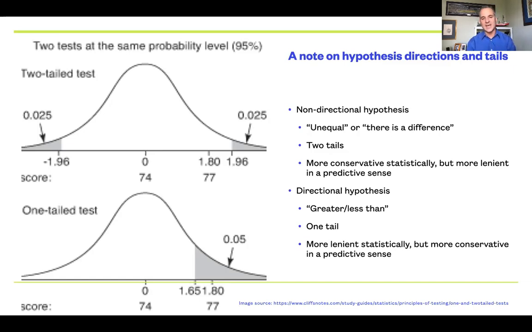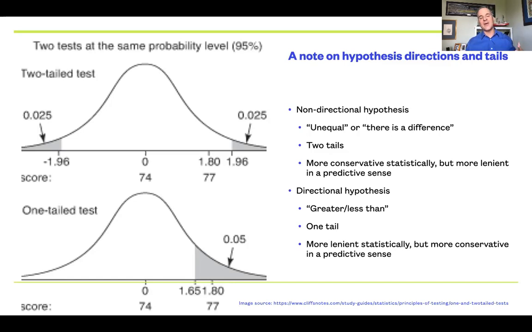In the one-tailed test, at the 0.05 level of probability, my z needs to be 1.65. However, for my two-tailed test, that z needs to be 1.96. It is more extreme. It's a more stringent test. We say it's a more conservative test.